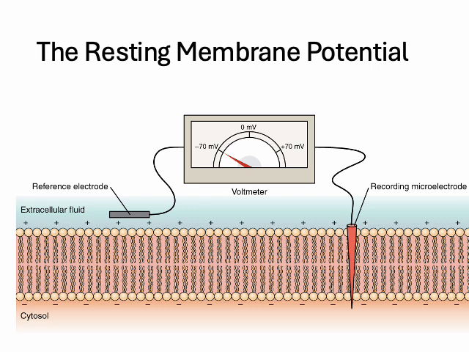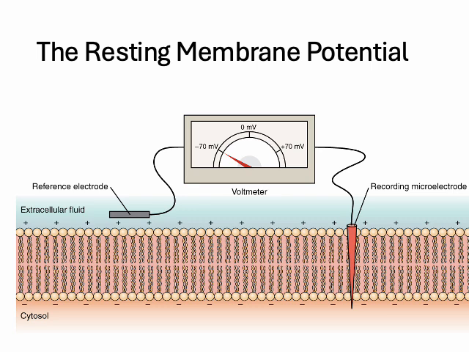And this little device here is called a voltmeter. It's just a machine that allows us to basically see how negative or positive a space is. And we always use it to compare two different points.